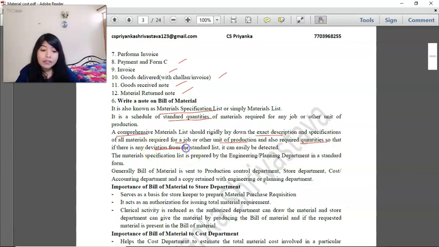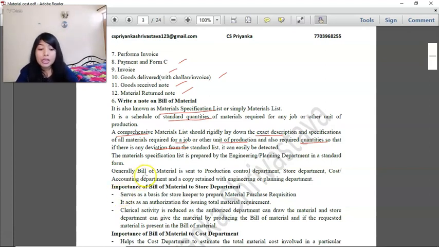If there is any deviation from the standard list, it can easily detect it, because it will obviously say that you will need 100 kg of cotton to manufacture, suppose, 50 t-shirts. So if you need more than 100 kg of cotton to produce the same finished goods, then obviously there is some deviation which needs to be checked, and this bill of material is going to help you in analyzing that deviation, in finding out that deviation.